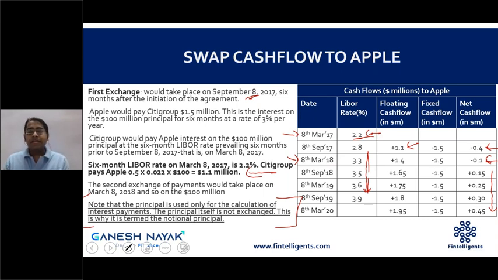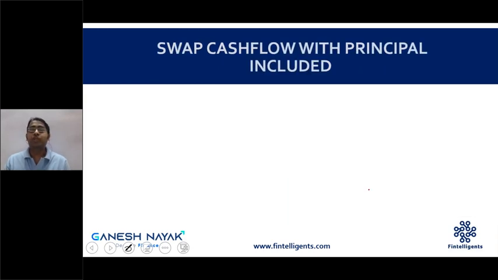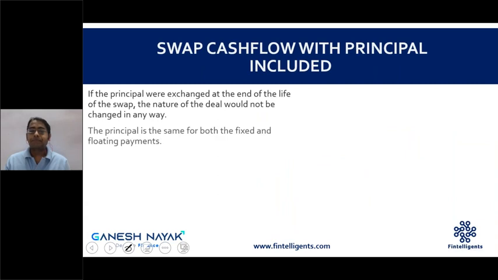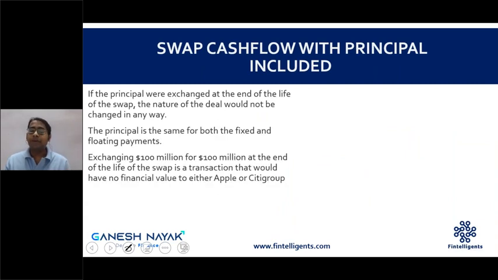If I take the entire same example and add the cash flow of $100 million in this transaction, how does the entire transaction look? If we add the principal that is exchanged at the end of the diagram, that means $100 million, Apple will transfer $100 million to Citi and Citi will also transfer $100 million.